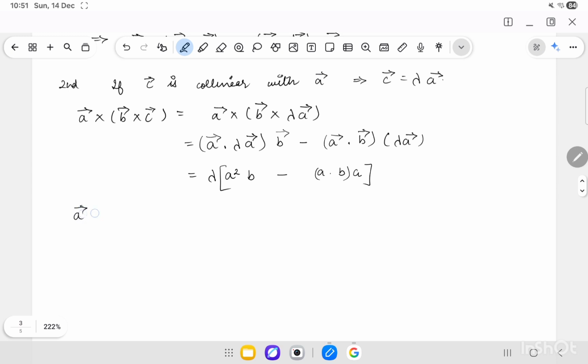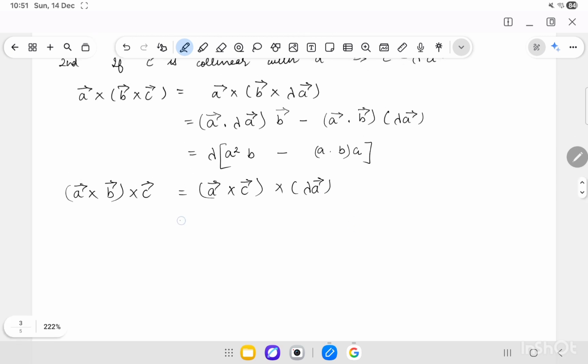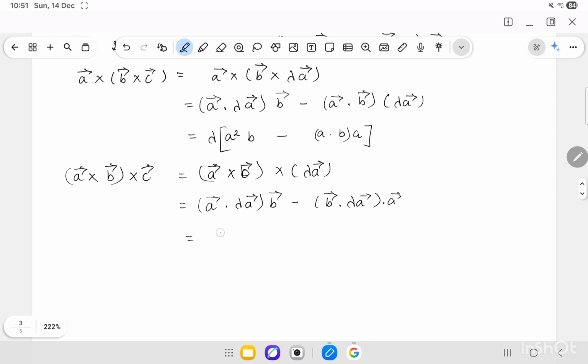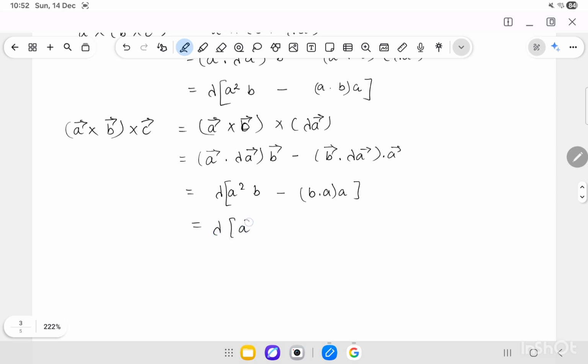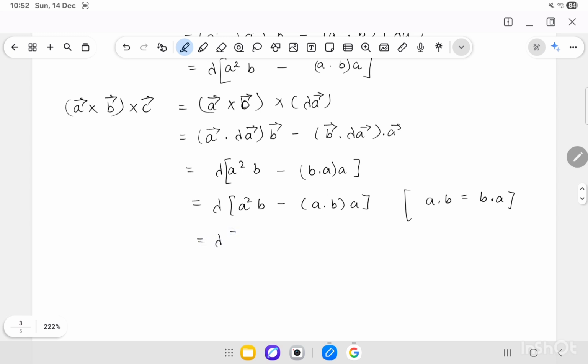So this is what we got, but if I expand the term on the right hand side, it will be equal to A vector cross B vector cross lambda A vector, and again it simplifies to A vector dot lambda A vector times B vector minus B vector dot lambda A vector times A vector, and it simplifies to lambda A square times B minus B dot A times A, and there is lambda as well that I pulled out, and this term can be written as lambda A square B minus A dot B A. I am able to write this because A dot B is the same as B dot A. So from here, if you observe, this is basically equal to A vector cross B vector cross C vector.